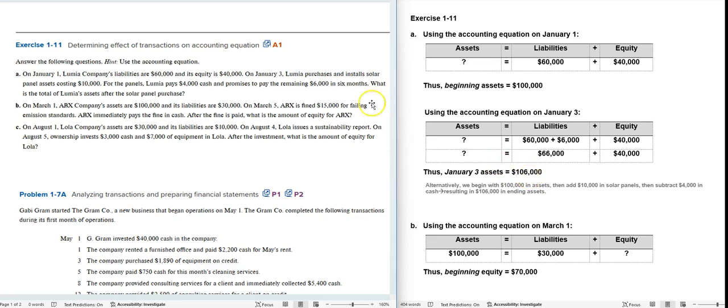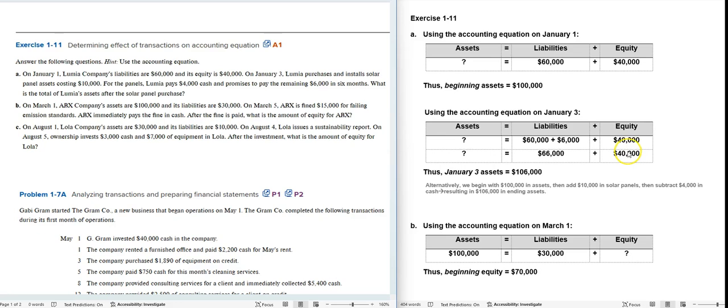The other way to do it is to look at what happened to our liabilities. Again, we don't know what assets were on January 3rd, but we know that there's $60,000 in liabilities that they started with, increased $6,000. So their liabilities increased to $66,000.